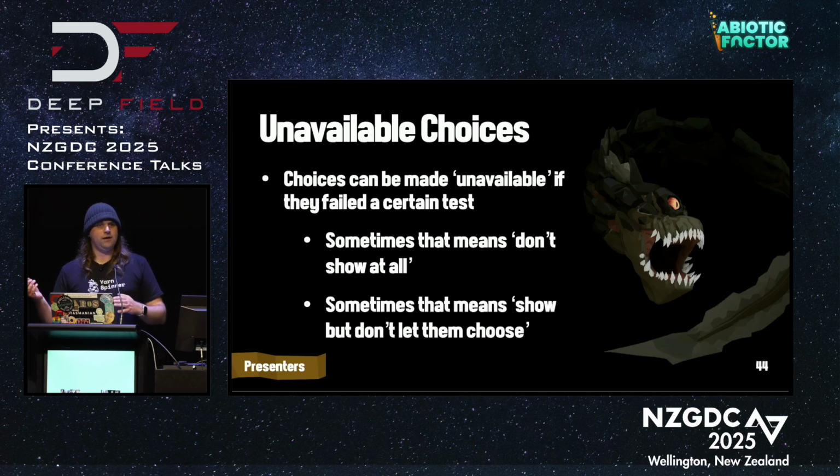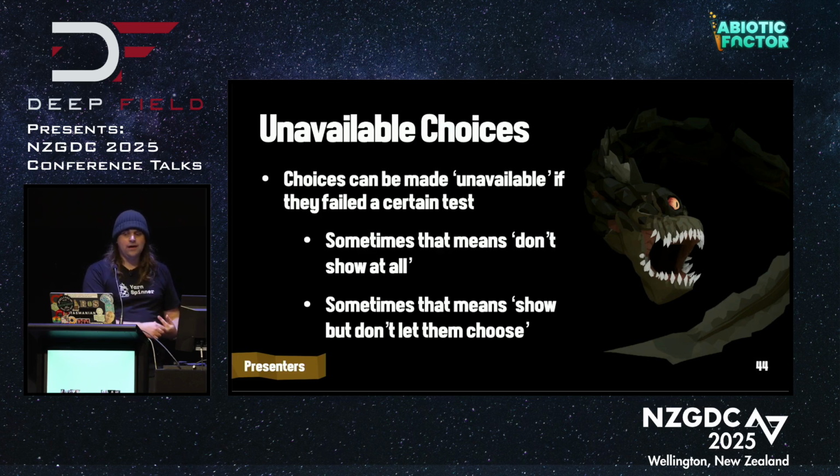So, for example, you might be thinking of, you can only say this if your charisma is over a certain score in Fallout, that kind of stuff. So unavailable might mean two things. It might mean don't show this option to the player at all, or it might mean show this option to the player, but don't let them choose it. Just imply you could have said this, but I'm not letting you because of other decisions you've made in the game.